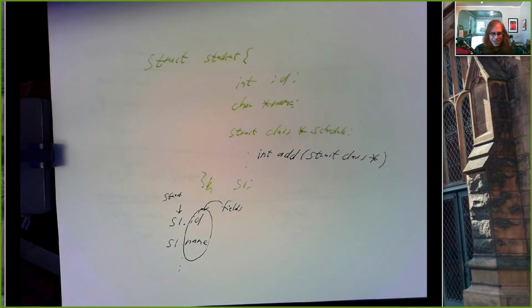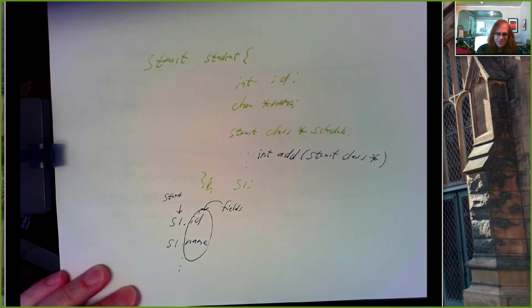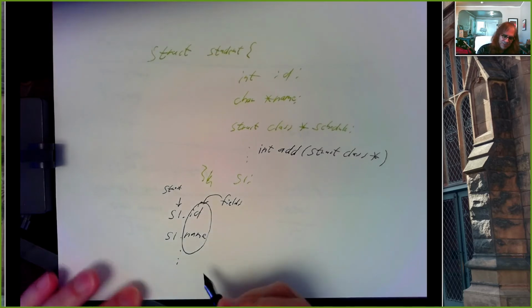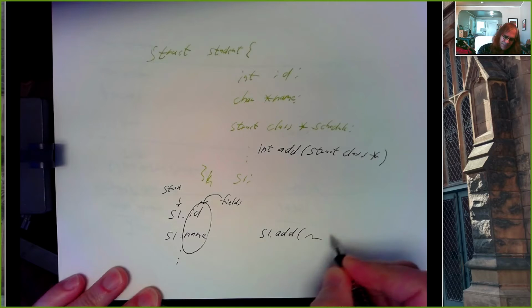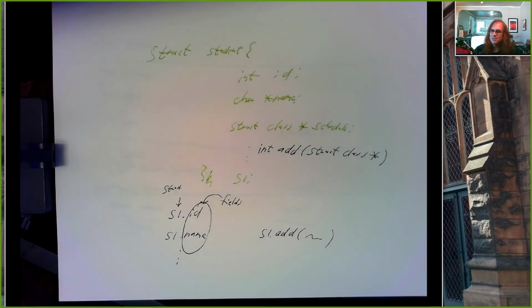And then if we had a student S1 and we wanted to add some class to it, we do exactly the same thing. We would say s1.add and give it the name of the class that we want to add.